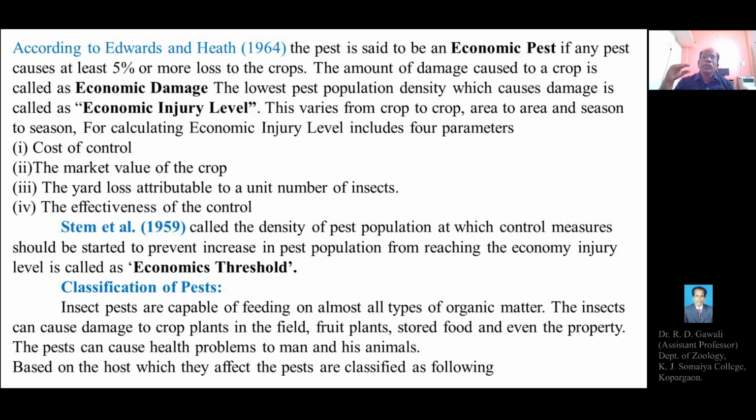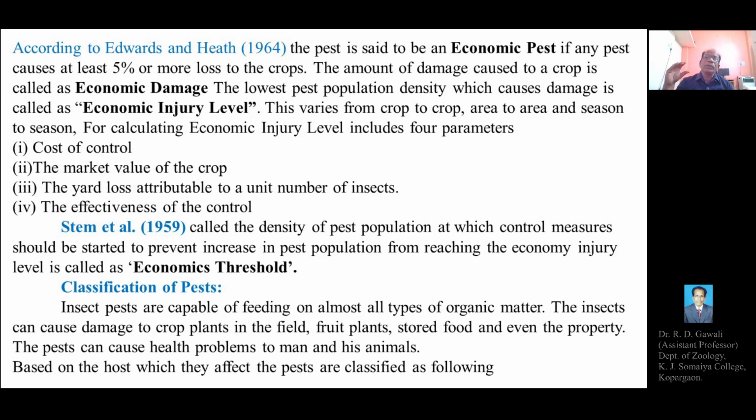So there are different types of pests. When we consider agricultural pests, there are different categories or groups of pests which cause economic loss of the crops or damage to the crop plants. The major group of pests causing agricultural loss is insects.